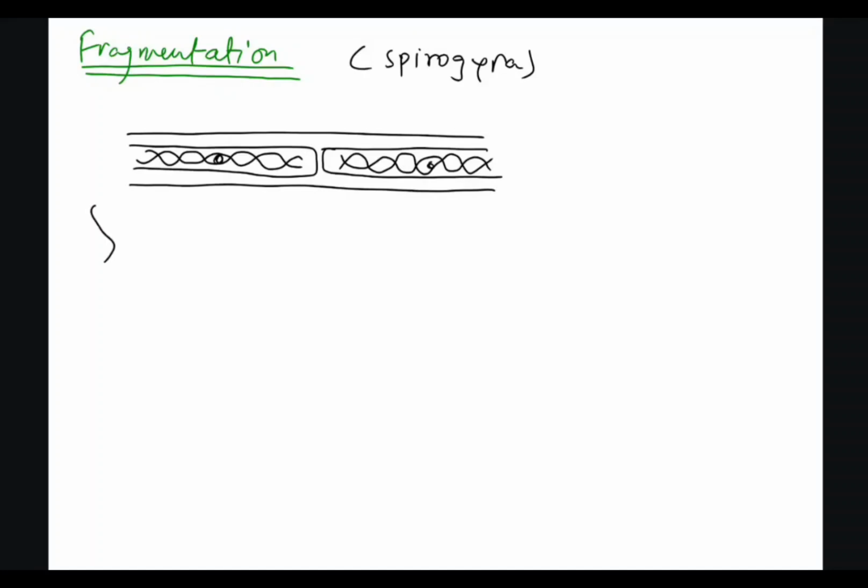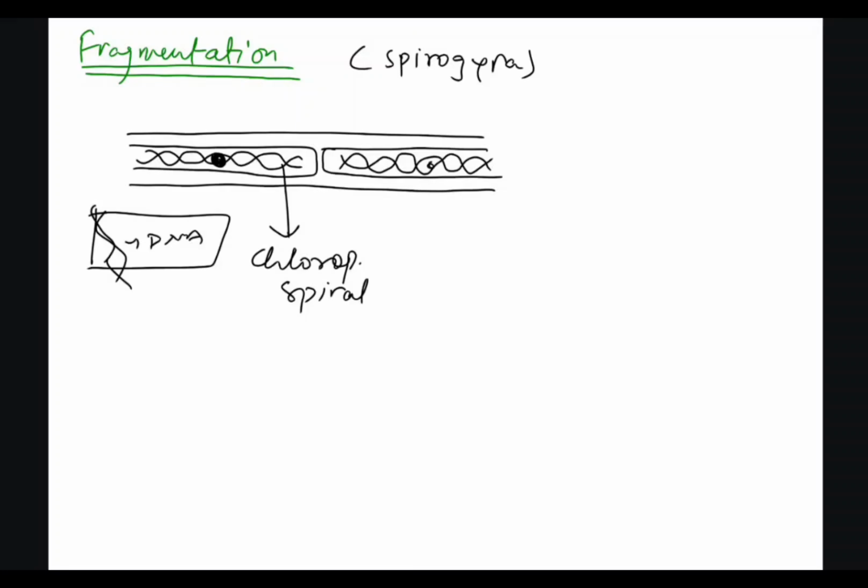Now this curly thing, no, it's not DNA. We are not talking about DNA, because if the nucleus is here, how come DNA is outside? These things you are seeing are the spiral chloroplast. So don't get confused by the structure of it.